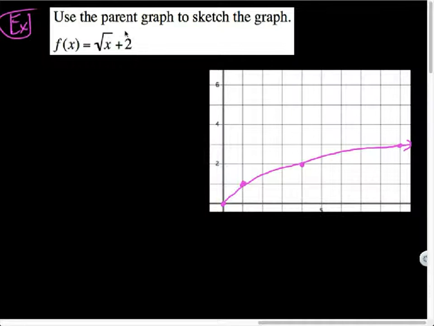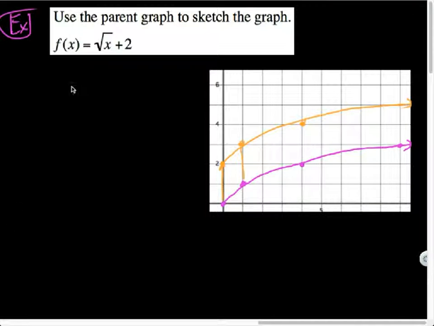What do you think adding 2 after my parent function took place will do to our graph? Yeah, adding 2 to this y value would put me here. Adding 2 to this would put me here. Adding 2 to that would put me there. And 2 to that would put me there. So the child graph has just been translated by 2 units.